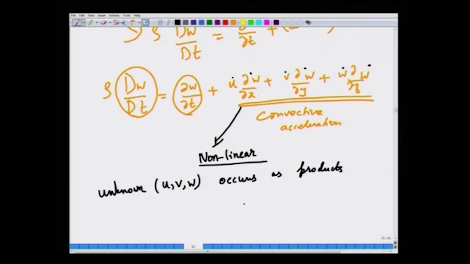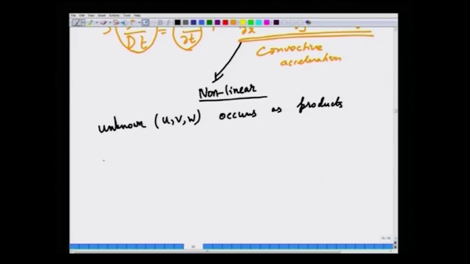So, the Navier-Stokes equations are partial differential equations, because you have partial derivatives. These are PDEs as they are called.